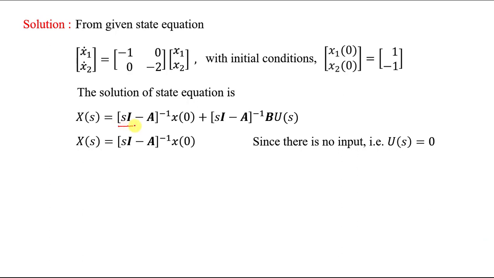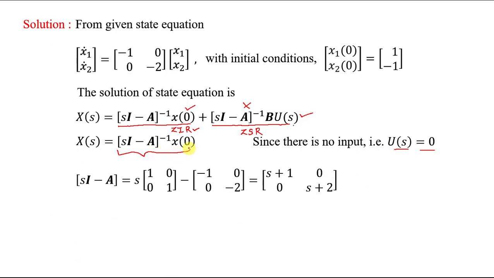The first part is the ZIR, zero input response, and the second part is known as the ZSR, zero state response. The ZIR is the output only from the initial conditions, and the ZSR is the output only from the input U(s). Since the problem is unforced, there is no input, so U(s) equals 0. This term is cancelled out and only the first term remains.